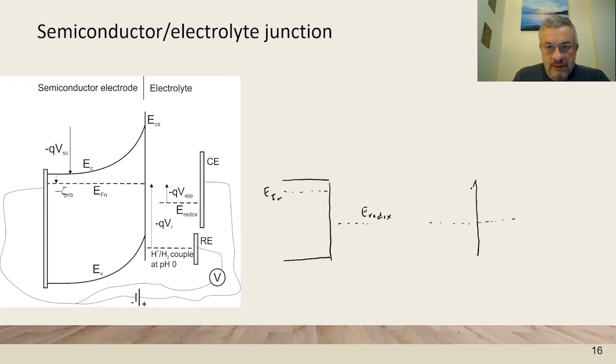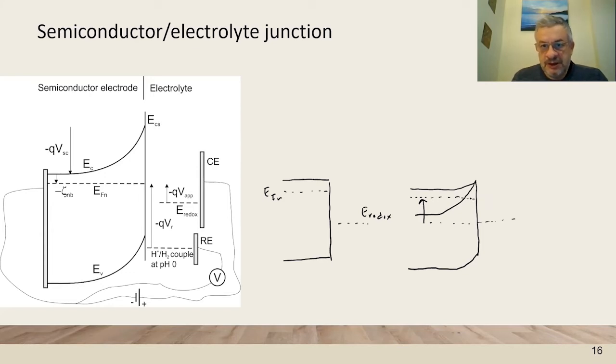So it will form a barrier at the interface. And when we bias this barrier, for example, by putting a negative voltage here, then we will modify the height of the barrier.